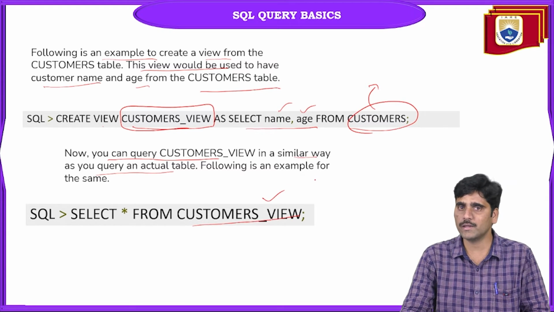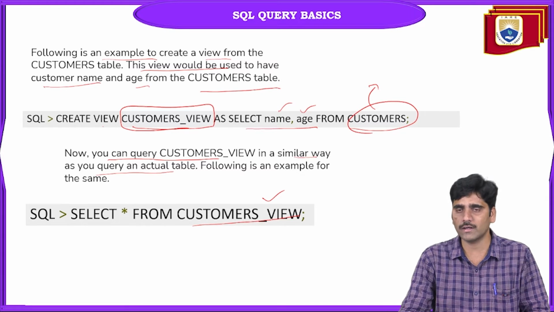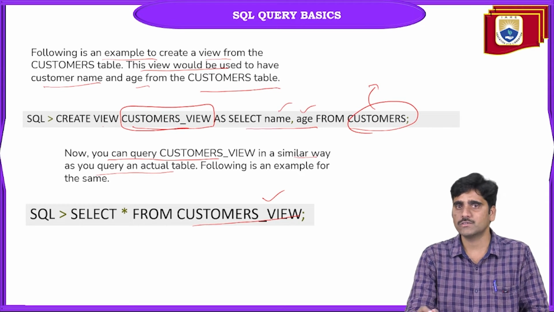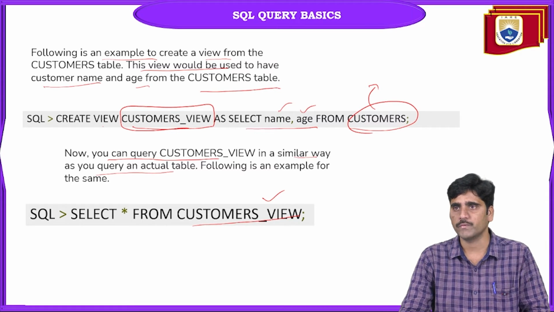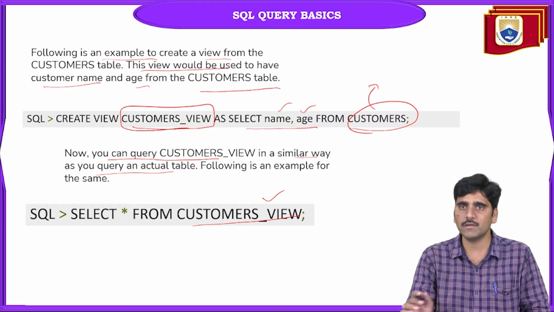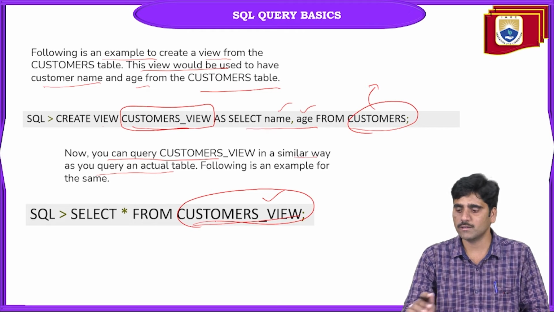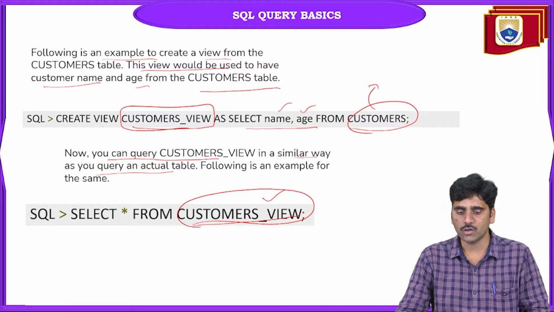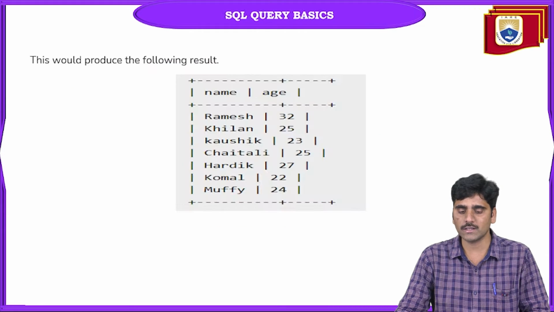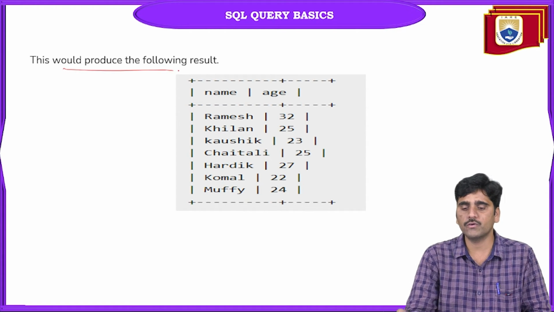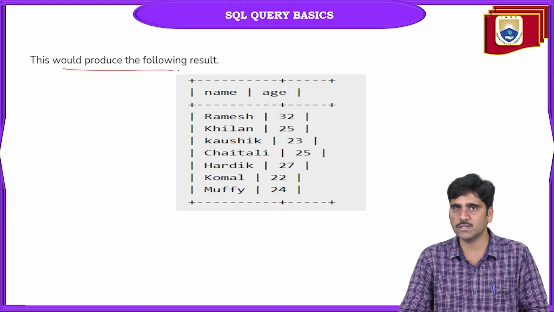So what are we going to display? To retrieve and display the content, we type SELECT * FROM table name. That applies the same here: SELECT * FROM the view name, which is customers_view. After using this syntax, SELECT * FROM customers_view, the following will produce the result.